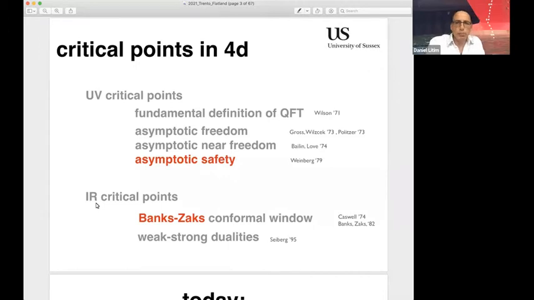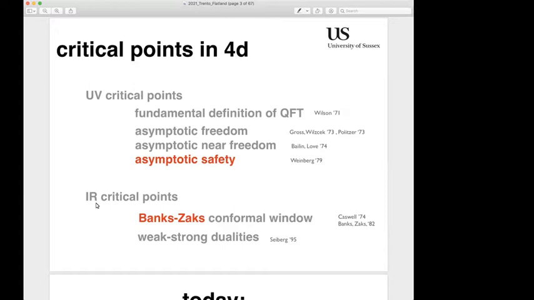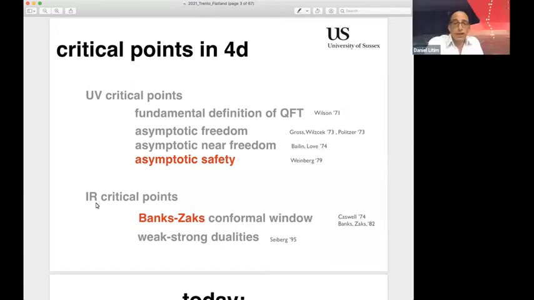Now, in 4D, people also have an interest in infrared critical phenomena, maybe the most well-known, the so-called Banks-Zaks infrared fixed points, which in extensions of QCD can be found, and also weak-strong dualities, which have been discovered in supersymmetric theories.